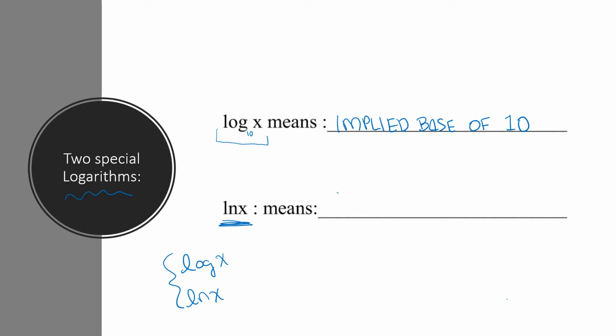ln of x is called the natural log, and that's why it has an n. Don't ask me why we say ln instead of nl, but natural log. The natural log has a base of e. So log base e of x.